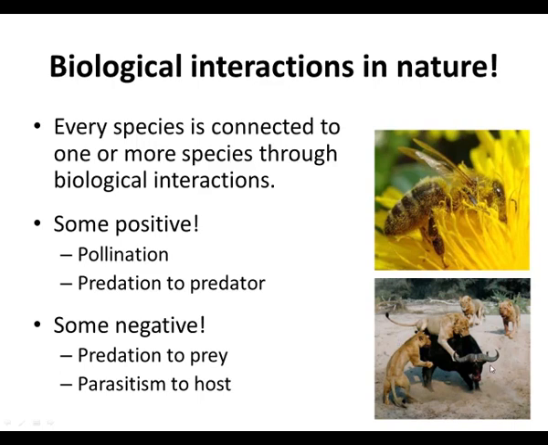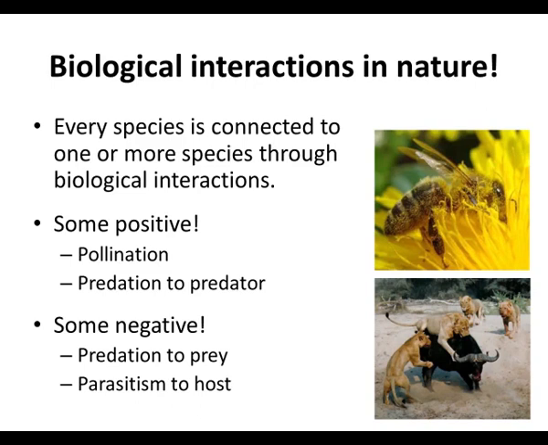So predation is a positive interaction for the predator because it's going to get some food, but for the prey, not so good because it's going to lose its life. Likewise, in the case of parasitism, the host will get some negative impacts, but the parasite gets all the nutritional advantages from the host.